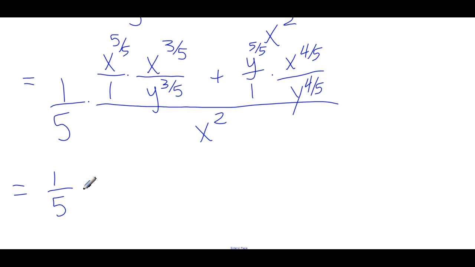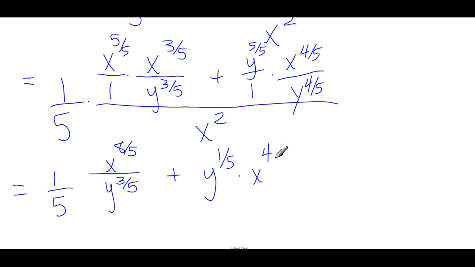So that's x to the 8/5 over y to the 3/5. Right here we've got a y to the 4/5 and y to the 5/5, so again subtracting because one's up and one's down. That'll leave me with y to the 1/5 up here, and then there'll be nothing left here. So it'll be y to the 1/5 times x to the 4/5, again all over x squared.